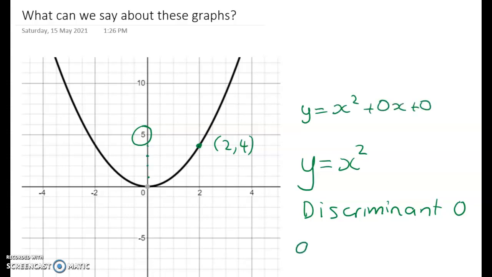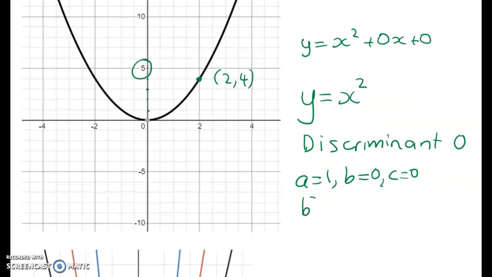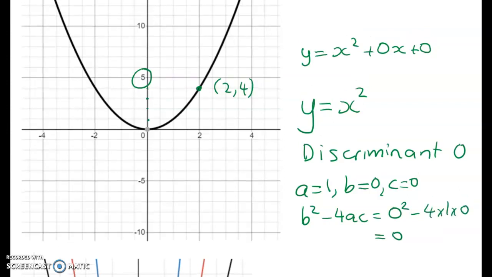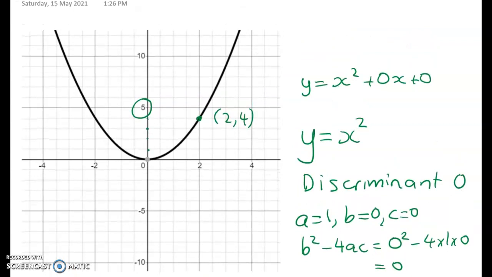So we've got a is 1, b is 0, c is 0. So b squared minus 4ac is equal to 0 squared minus 4 times 1 times 0, so that equals 0. But if I look at the graph, I can see that the discriminant is 0 straight away because it's just touching at this point here.